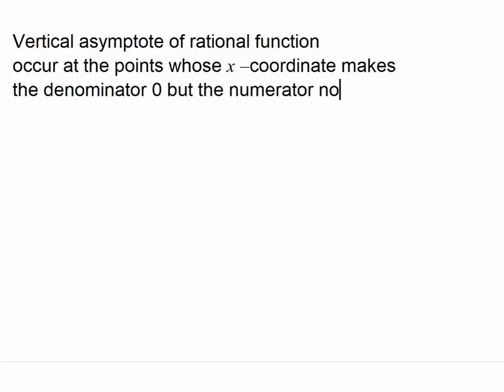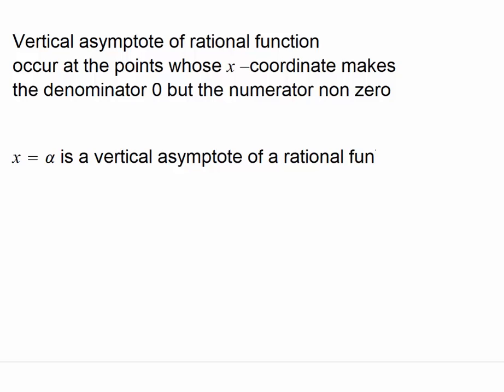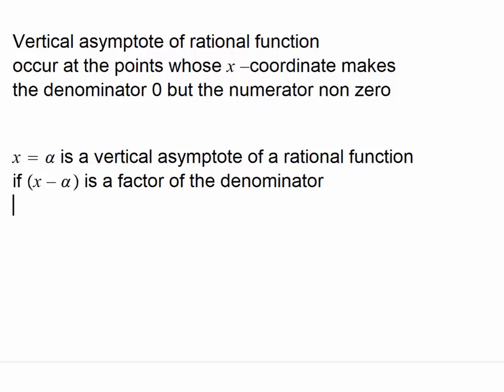In simpler language, x = alpha, a vertical line, is a vertical asymptote of a rational function if x − alpha is a factor of the denominator but not of the numerator.